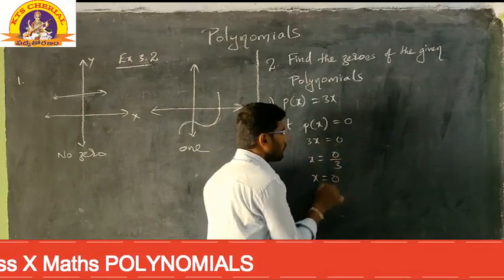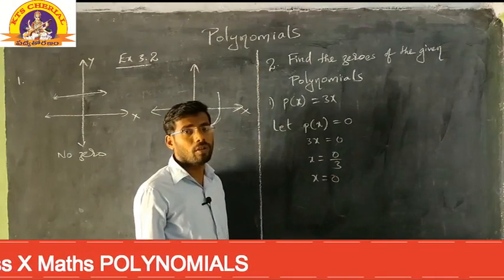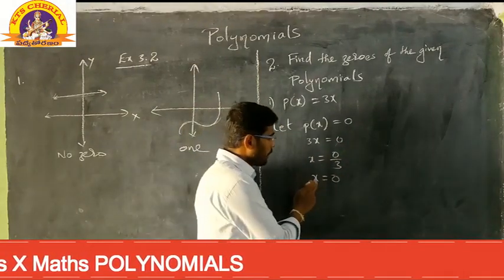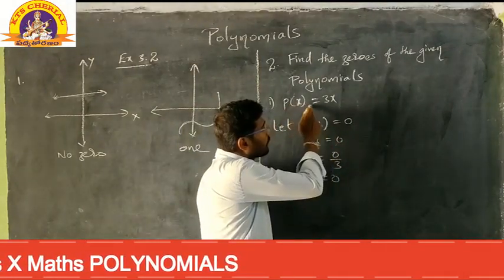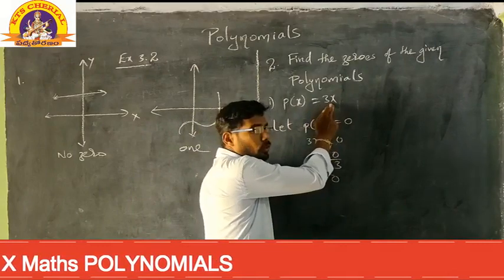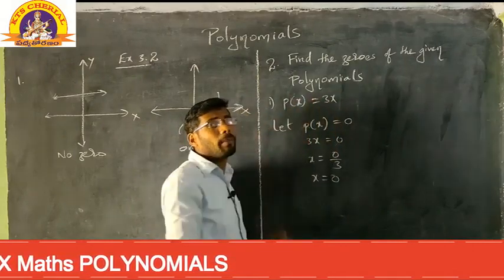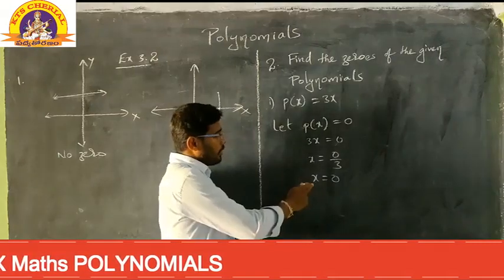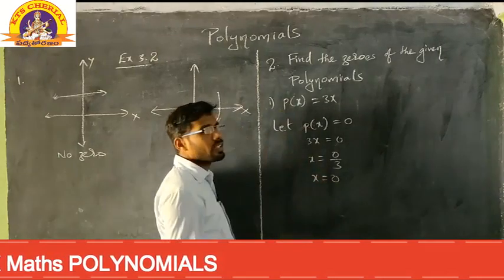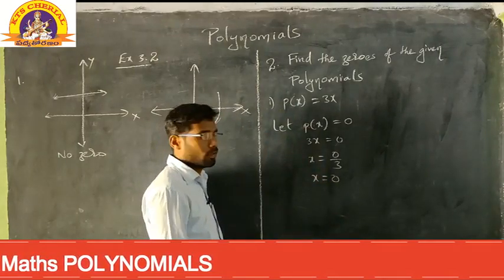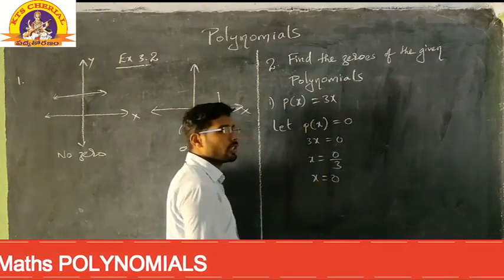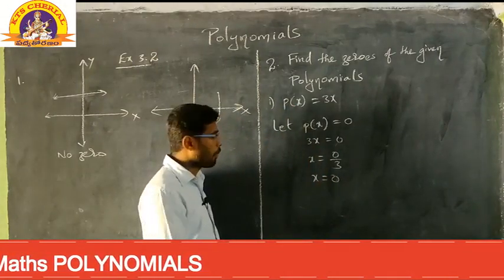x equals 0. In this, p of x equals 3x, if you substitute x equals 0, its value becomes 0. That's why x equals 0 is called the zero of the polynomial.